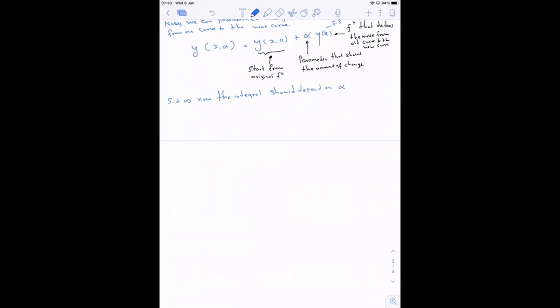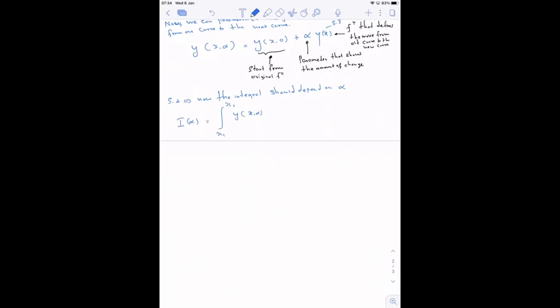That means if I look at the new function, because you can see that in 5.3 the y depends on alpha as well, our new integral will look like this, from x1 to x2. The function now depends on both x and alpha.